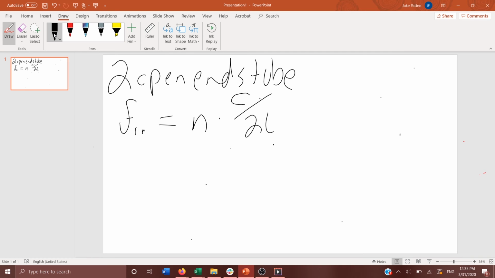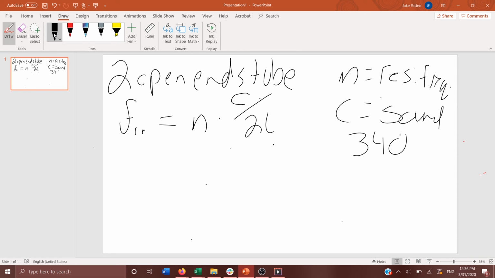Okay, so in this case, n is going to be the resonant frequency you want. C is the speed of sound, which in this case is always going to end up being 340. I'll say that in the exam, but you can just take that as what it's going to be. And then L is the length of the tube.